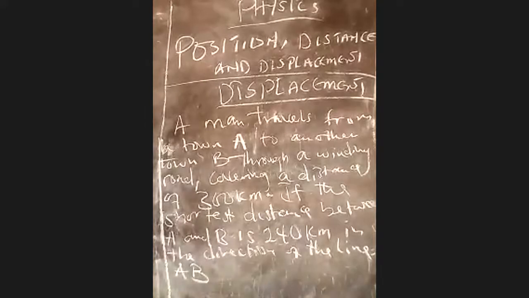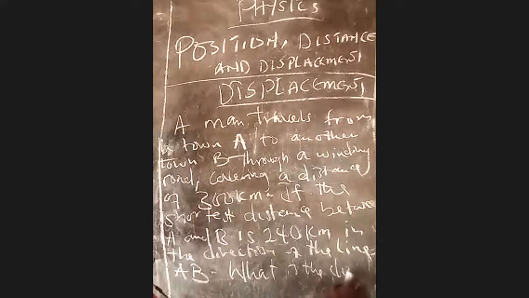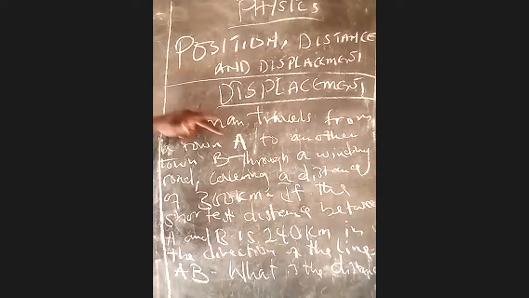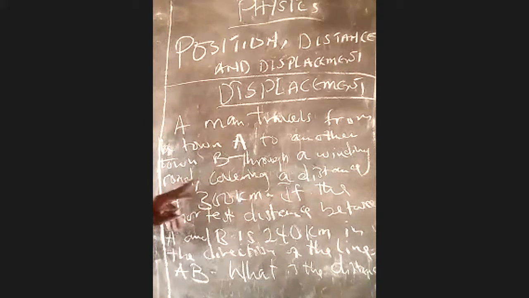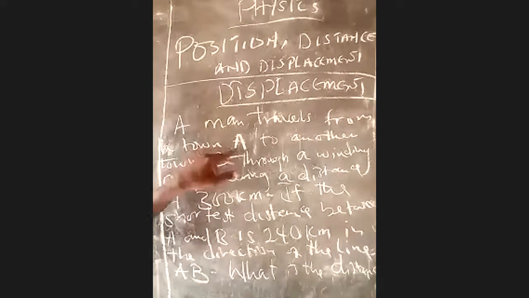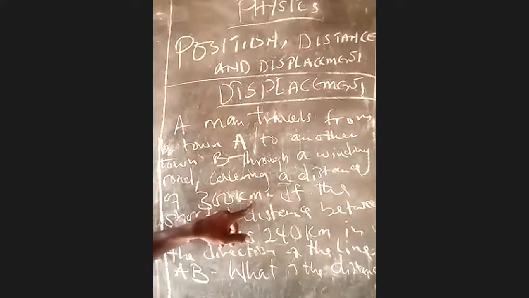Now, let's look into this. What is the distance? What is the displacement? A man travels from a town A to another town B through a windy road, covering a distance of 300 kilometers.